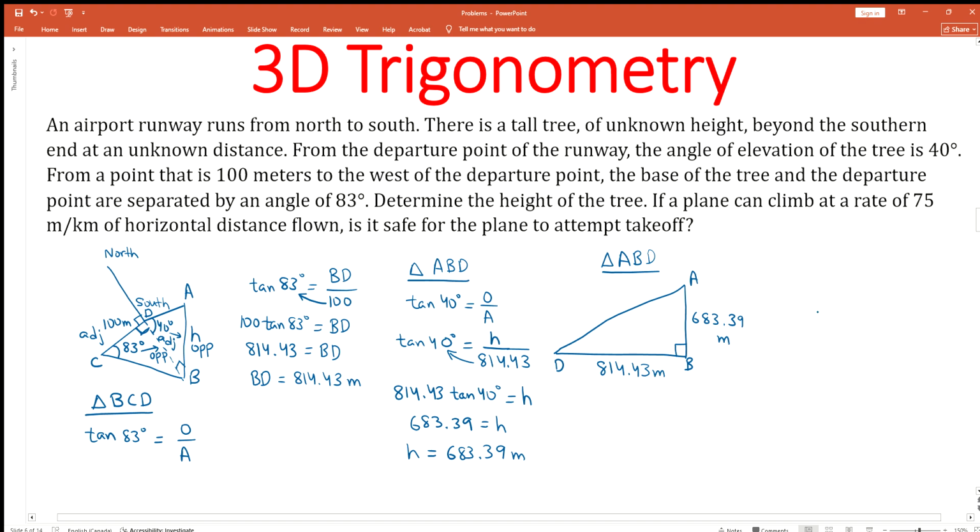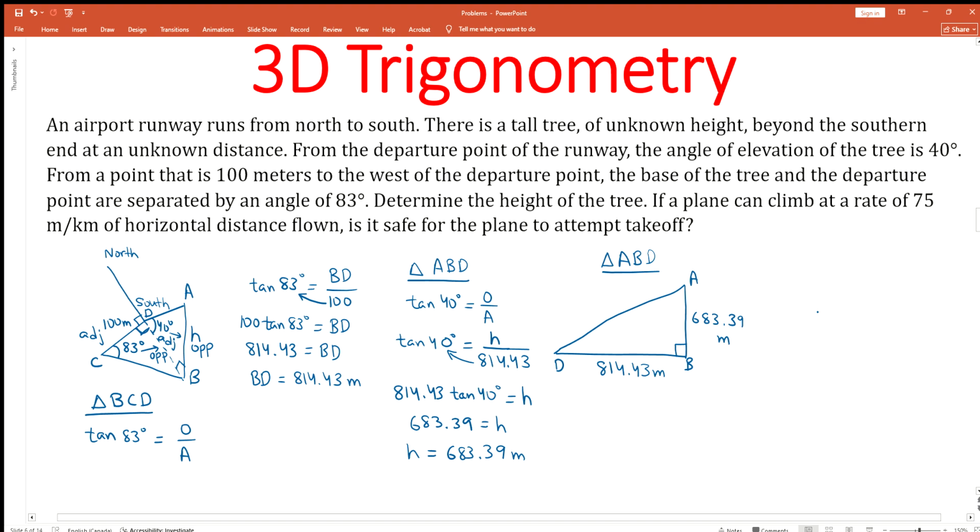We can use the height of the tree and the horizontal distance of the tree from the departure point to calculate the required climb rate of the plane. We can use this triangle to calculate the climb rate a plane should have to successfully fly above the tree.